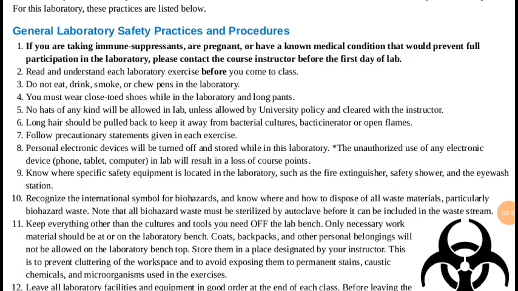We should also recognize the international symbols of biohazards and know where and how to dispose of all the waste materials, particularly the biohazard waste. It should not come into contact with other wastes. Therefore, it should be separated, because the mode of disposing of biohazard waste is usually different from the others.